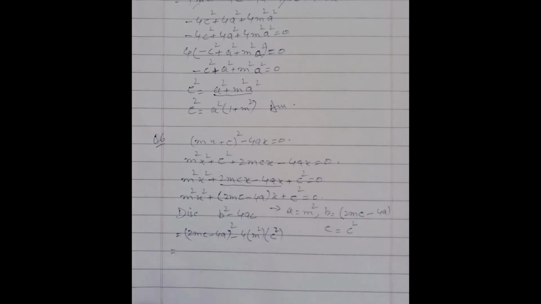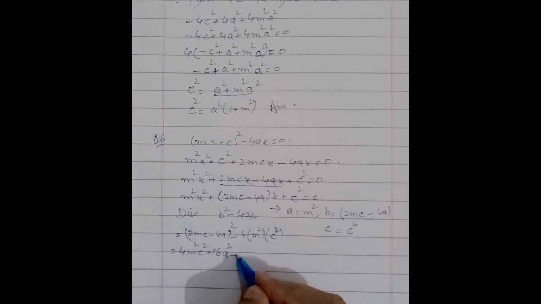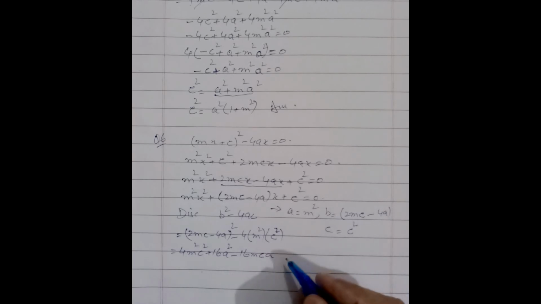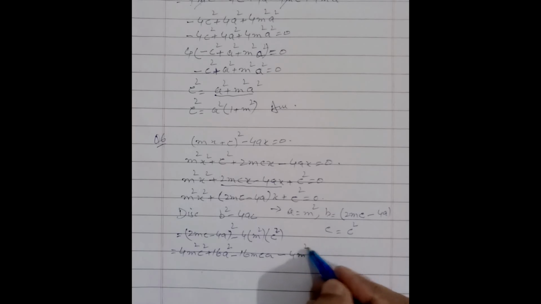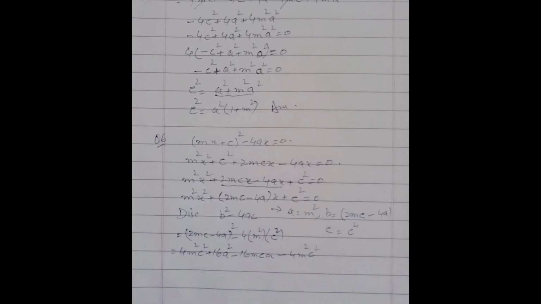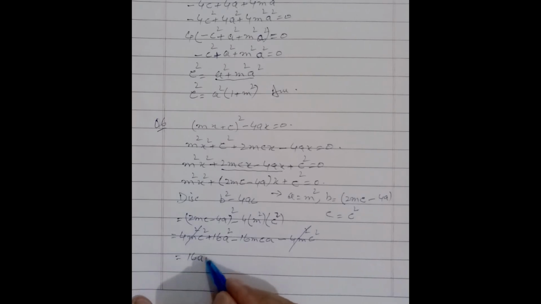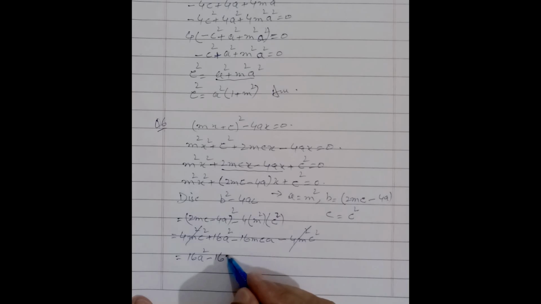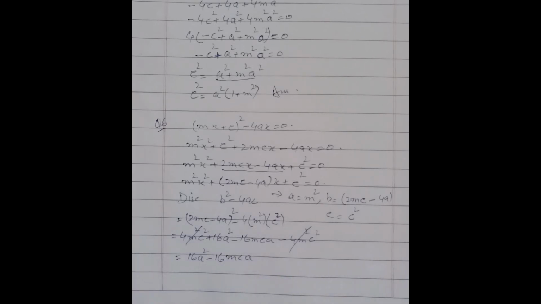Now simplify these values. We get 4m²c² + 16a² − 16mca − 4m²c². Simplify these values: minus 4m²c² cancels with plus 4m²c². The remaining values are 16a² − 16mca, and in this question the roots are equal, so the discriminant is equal to 0.